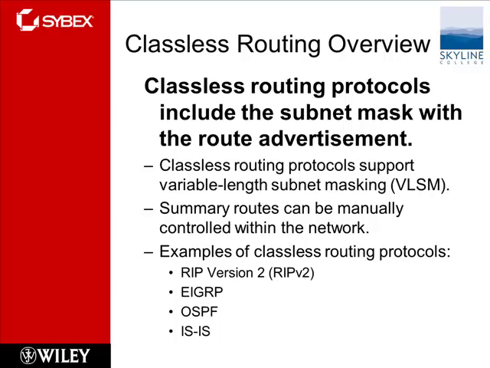Classless protocols include the subnet mask in the route advertisement. Classless protocols support variable length subnet masking. Summary routes can be manually controlled within the network. Classless: RIP v2, EIGRP, OSPF, ISIS. The more sophisticated protocols, and then they went back and added it in with RIP.